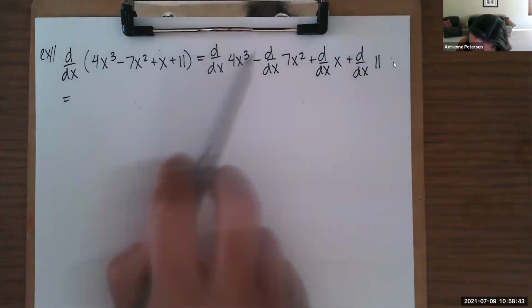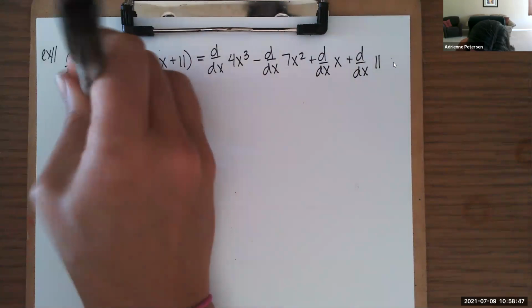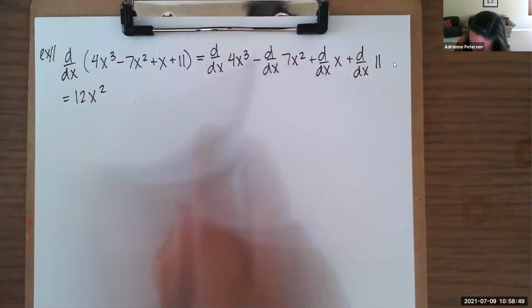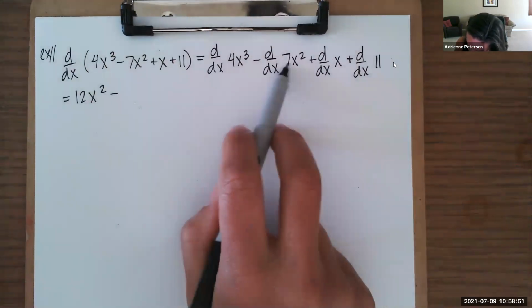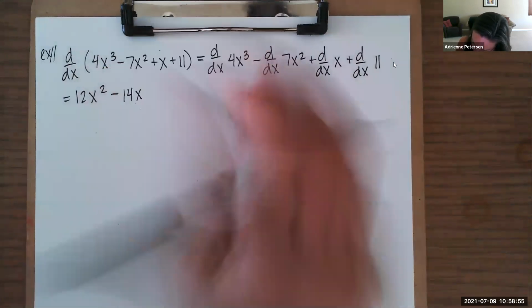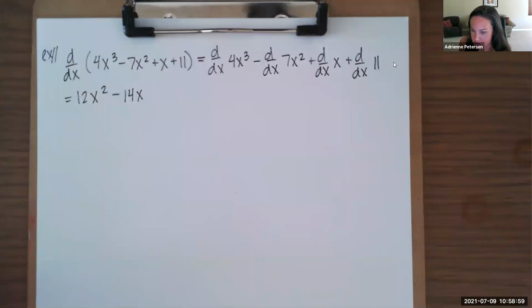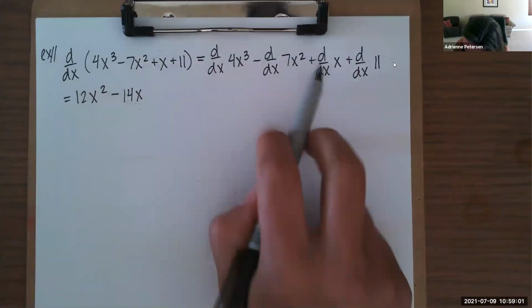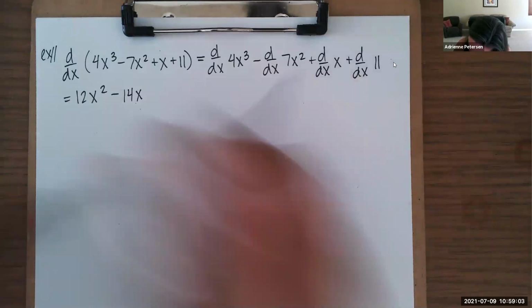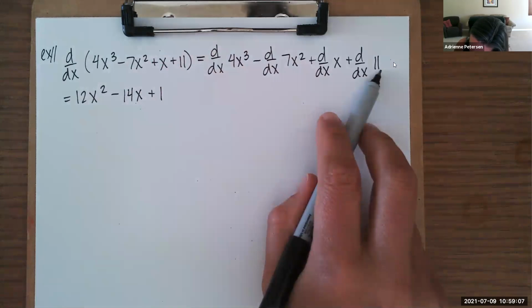Okay, so using the power rule, the derivative of 4x cubed, I bring the 3 down in front. So that's 12x squared, minus the derivative of 7x squared, I bring the 2 down in front, 14x, decrease my power by 1, so that's to the first. And typically we don't write to the first. And then the derivative of x is just 1, and the derivative of a constant is 0.